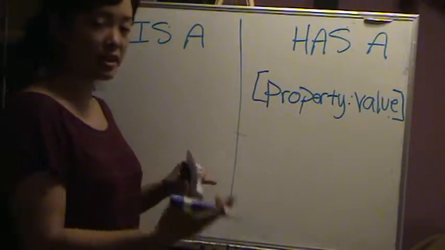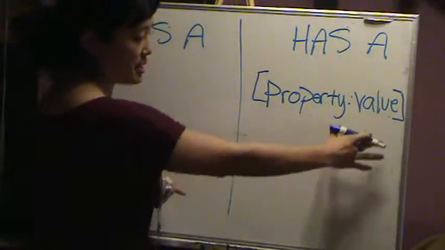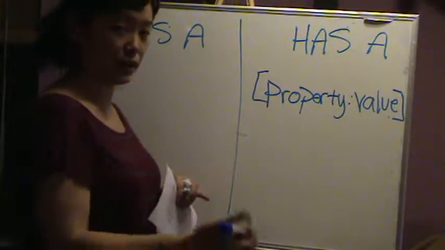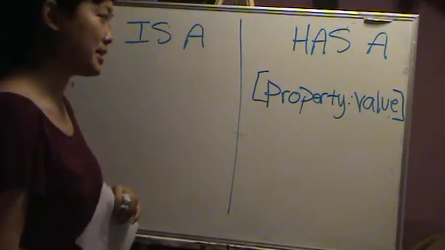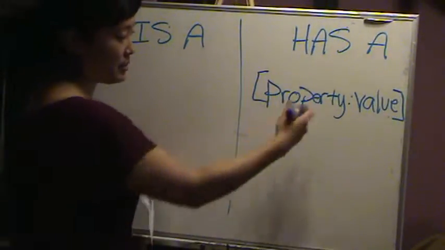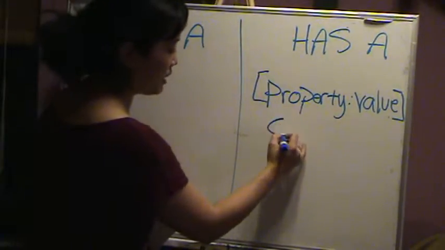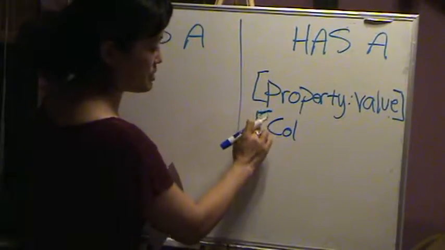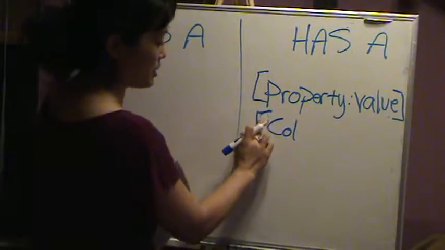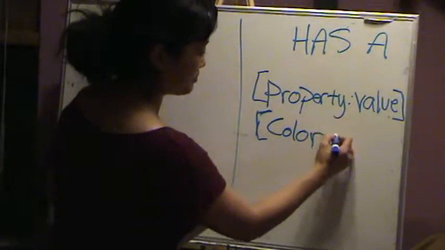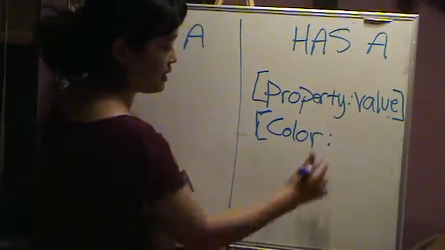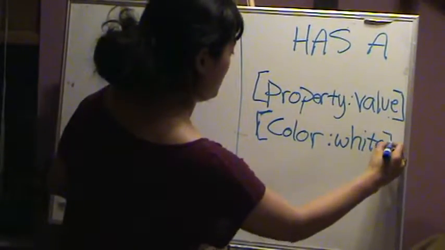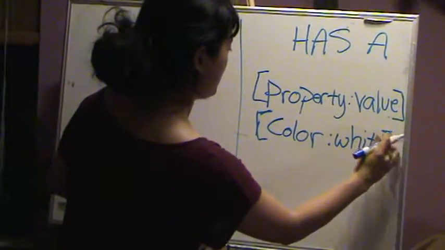And we have a lot of markup languages that use this same sort of scenario where you'll have a tag and then the value between those tags. So an example of a property value object might be color. And an object is represented with brackets. So an object might be color: white.